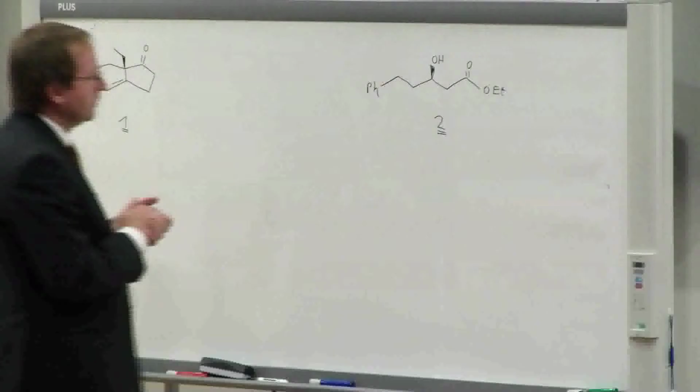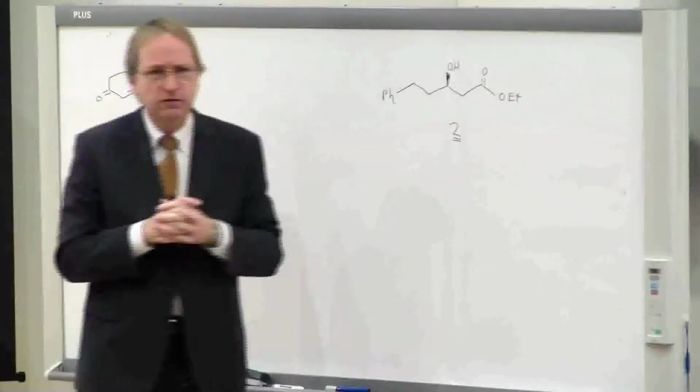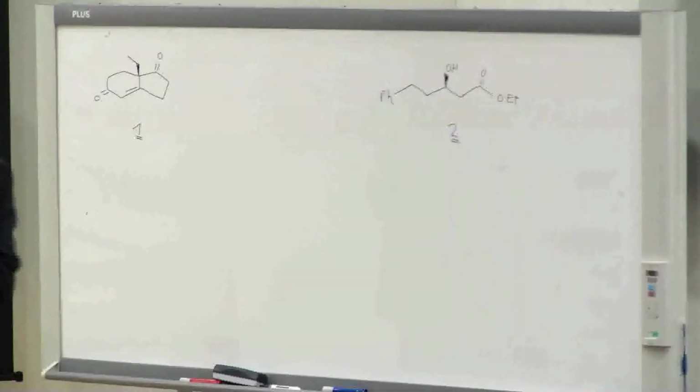Let's take molecule 2 first. You can synthesize this stereocenter using a reaction a Japanese chemist got a Nobel Prize in chemistry for. To give you a hint. What would you do?